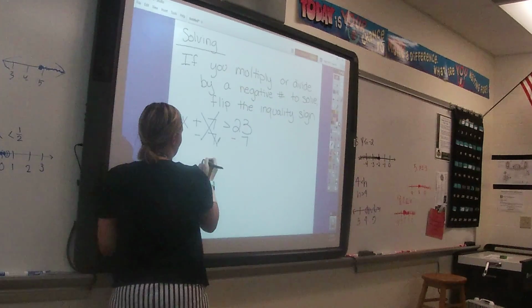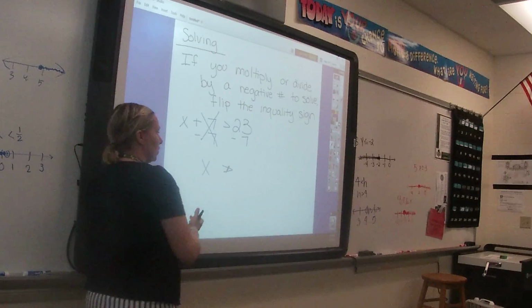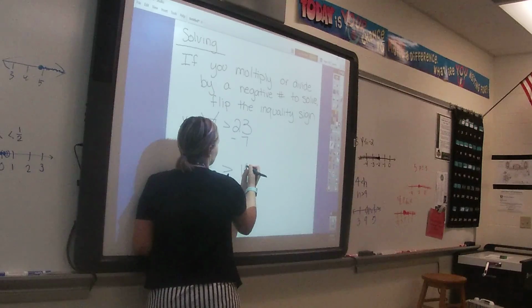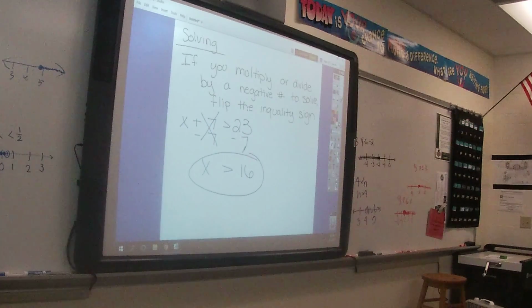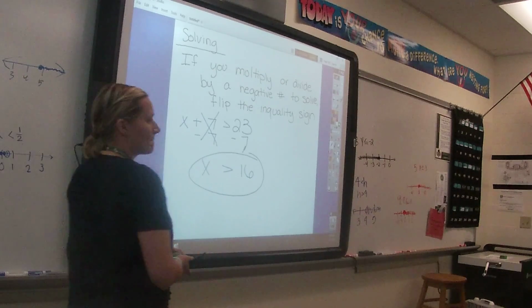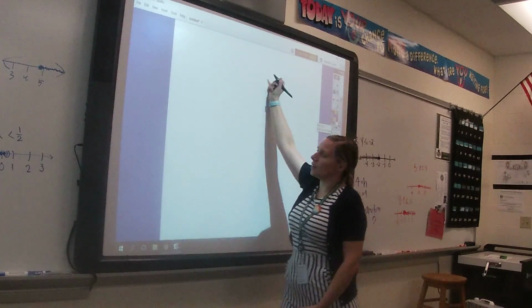No. So we bring down our x, we bring down our sign, we do our math, we get an answer. Same rules we have been talking about since week 2. On our homework, are we going to have to solve it and then get an answer and graph it? Sometimes. Not all the time.